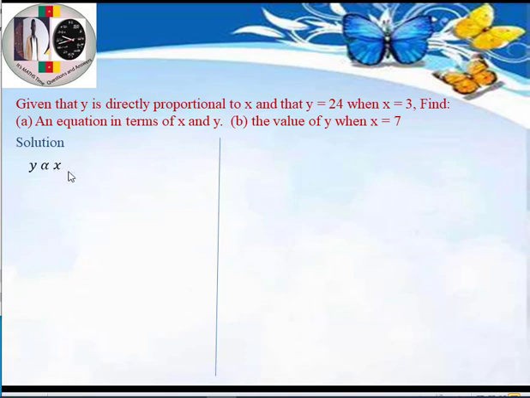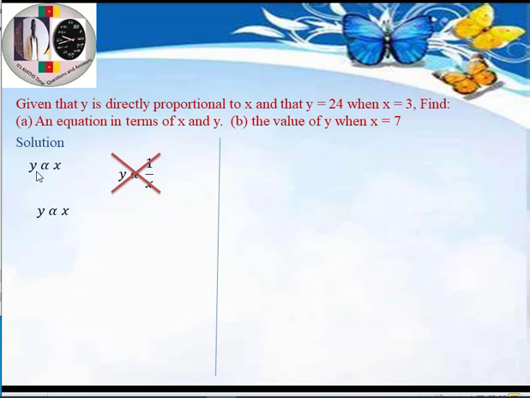But if y is inversely proportional to x, then we'll have y alpha 1 over x. That is for indirect proportionality. But we are not concerned with indirect proportionality, so we'll just concentrate on y is directly proportional to x.